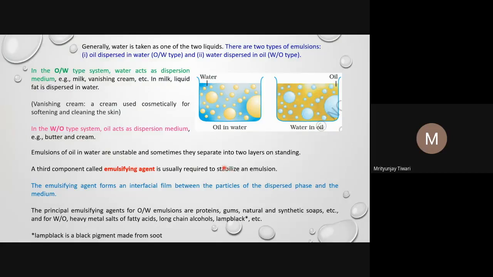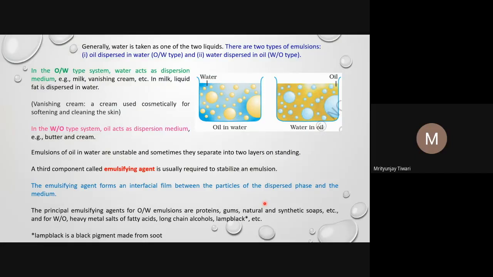We need an emulsifying agent, which is the third component, because two components we have already seen: dispersed phase and dispersion medium. So a third component is often required, called the emulsifying agent, to stabilize the emulsion. The emulsifying agent forms an interfacial film between the particles of the dispersed phase and the medium.